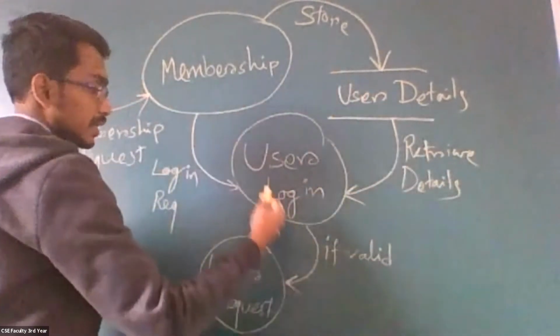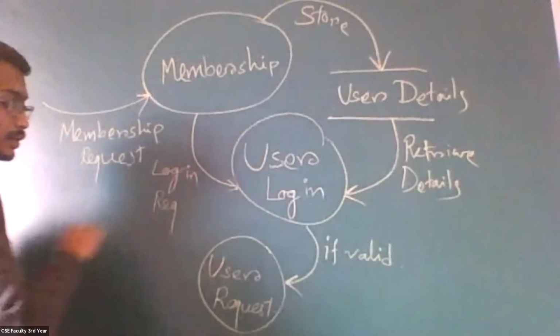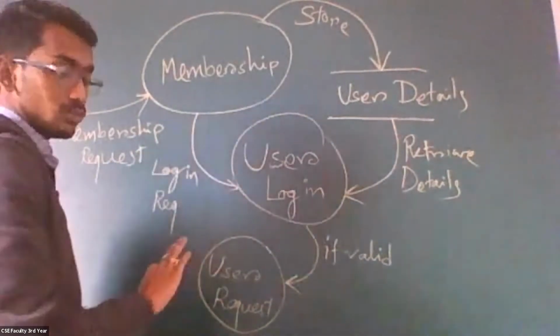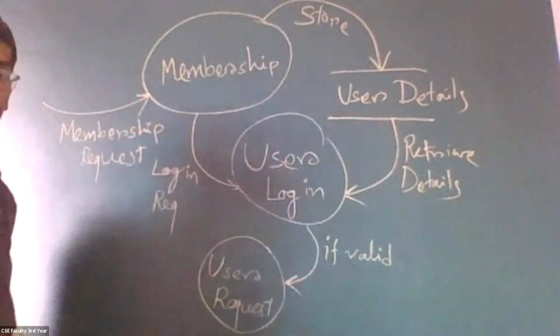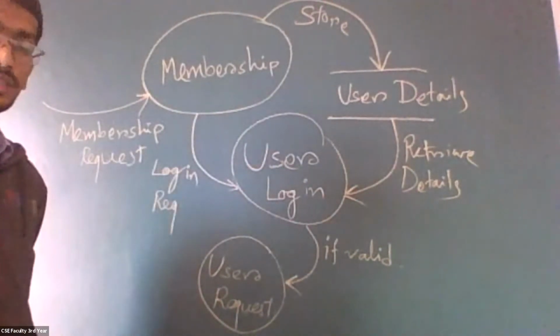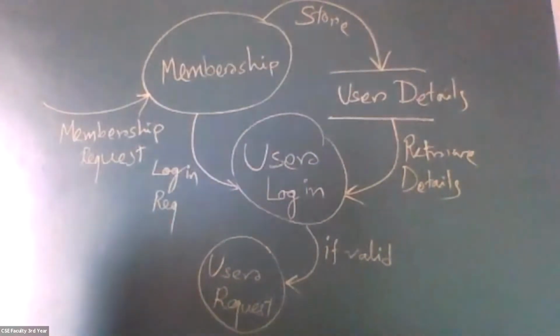If it finds that this is a valid user, then it will move to the next process, that is user request. Now the user can request what he actually wants to perform. Is that clear? Yes, sir.